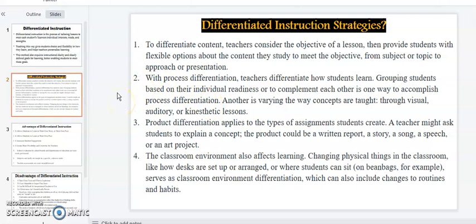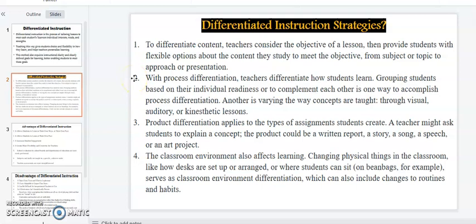Differentiated instructional strategies. To differentiate content, teachers consider the objectives of a lesson, then provide students with flexible options about the content they study to meet the objectives, from subject or topic to approach or presentation.